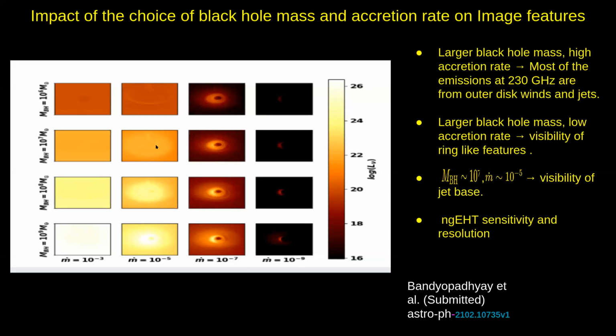But in our simulations, there is a jet, and under what conditions will you see the jet? A black hole mass of the order of 10 to the power of 7 and an Eddington ratio of around 10 to the power of -5 may allow us to see a jet.